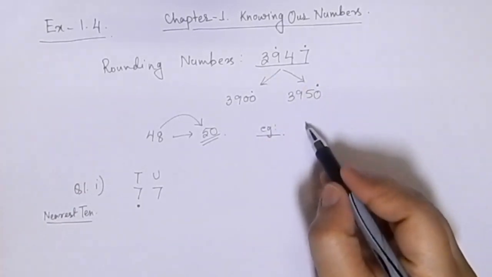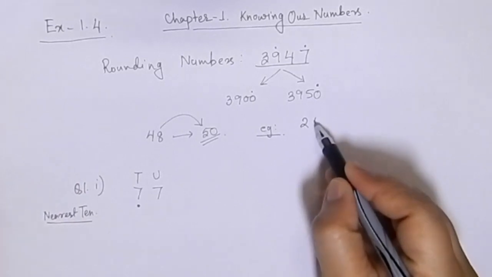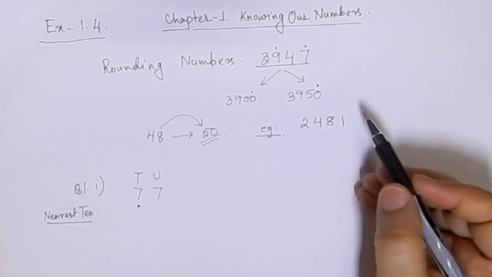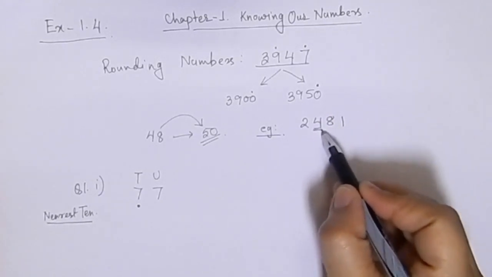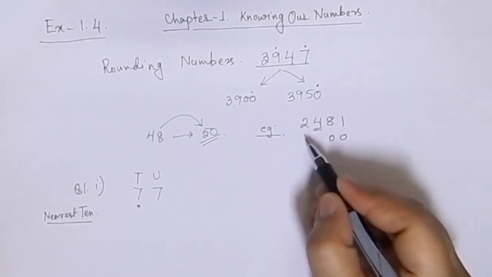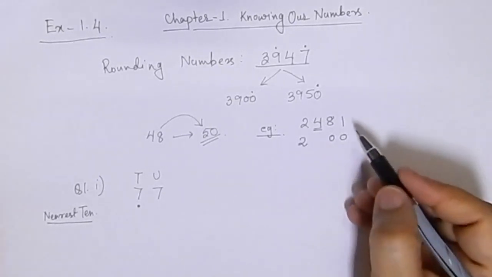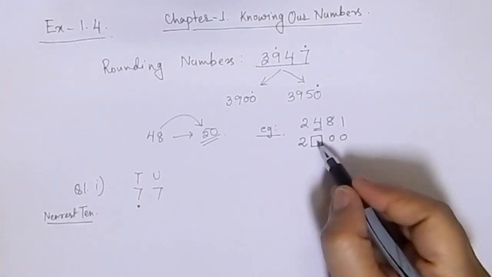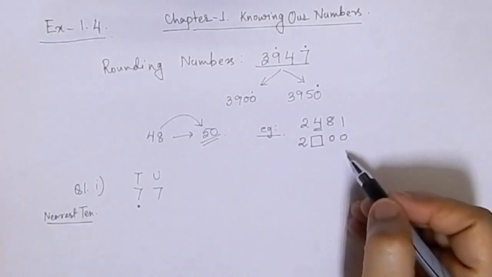Suppose I take another number, 2481. If I want to round off to the hundreds position, then these will become 0 and this will remain the same. And then we will decide what this number will be. Will it remain 4 or will it become the next number, which is 5?